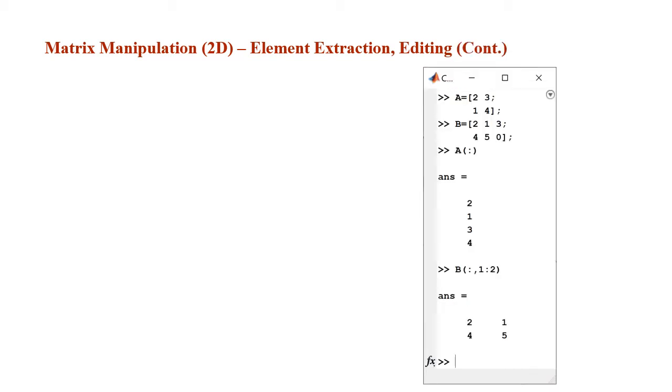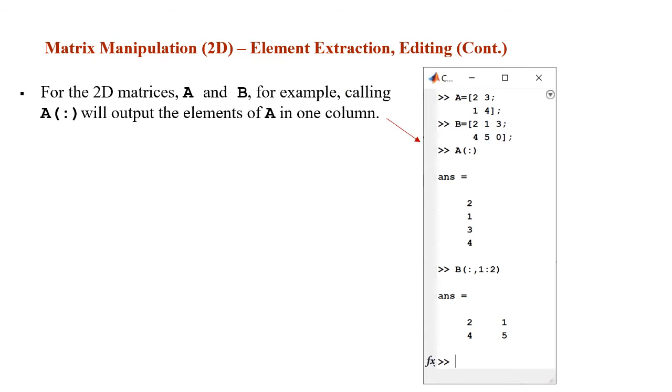For a 2D matrix, if we type A(:), this will output all the elements in A in the form of one single column. For example, here A consists of a 2 by 2 matrix. Typing A(:) will output a column consisting of 4 elements, which are the 4 elements in A: 2, 1, 3, and 4.